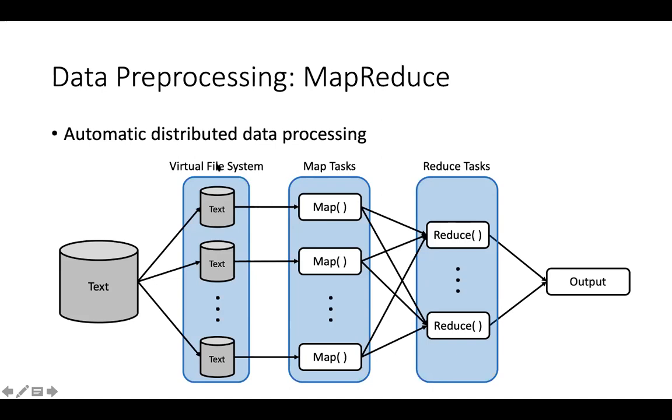So all of this, like the virtual files, loading or copying the data into the file system, is done automatically. I mean, you have to copy it, but load balancing, all that is done automatically. Assigning jobs to the nodes for the map task is done automatically. You just write the map, then execute the map task, and the functions will be replicated to the nodes automatically.